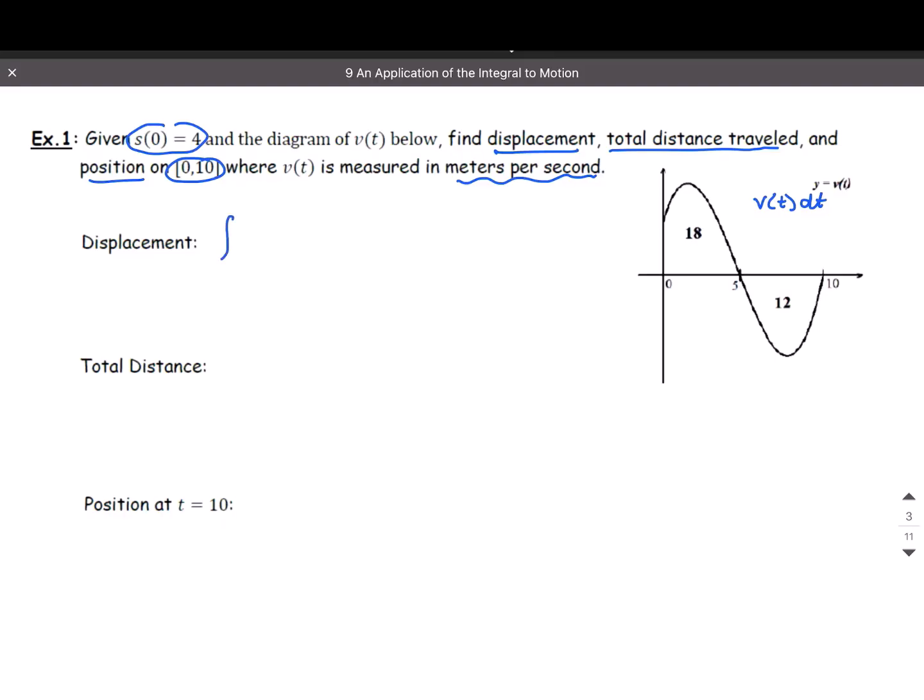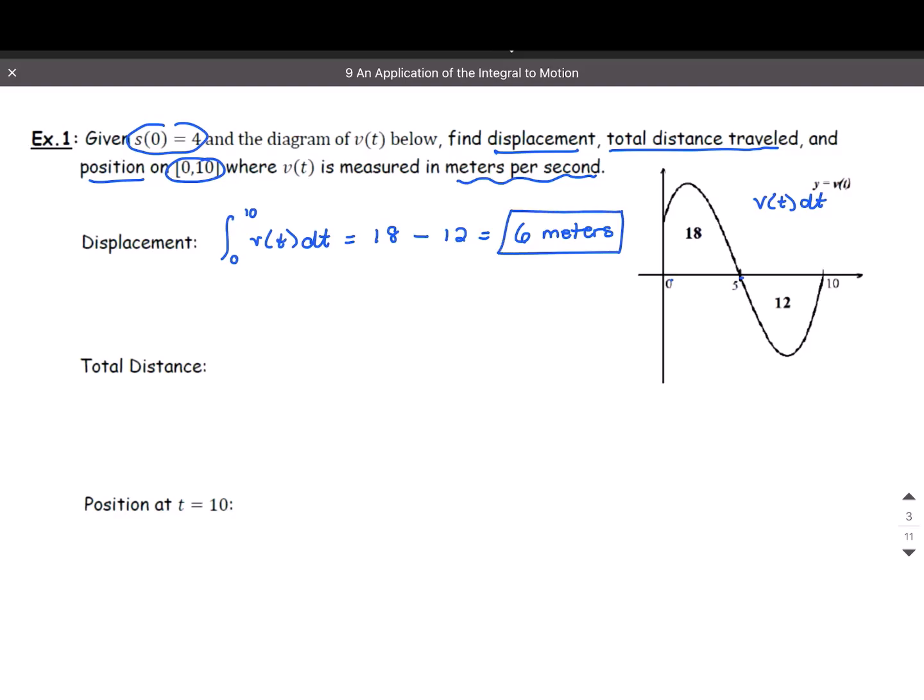So that would be the integral from 0 to 10 of v of t dt. If we look at our graph, from 0 to 5, we went 18. From 5 to 10, we moved 12, but it's negative because it's below the x-axis. We subtract, and we get 6, and our unit is meters.